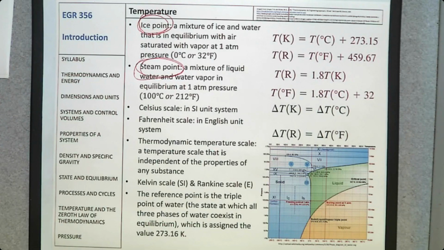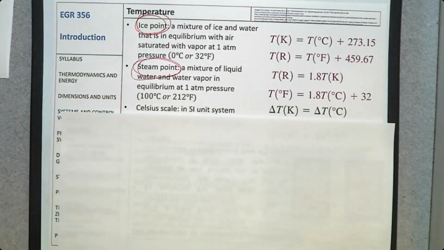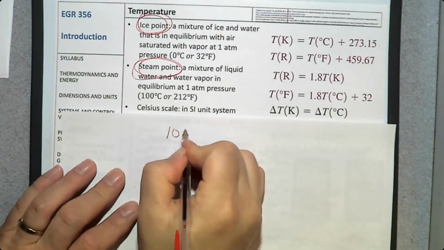On the other hand, in the Fahrenheit system, we assume that ice point is 32 and the boiling point is 212. That's how we define temperature in Fahrenheit. Then how can you convert between Celsius and Fahrenheit? It's pretty simple. How many degrees Celsius between ice point and steam point? 100.